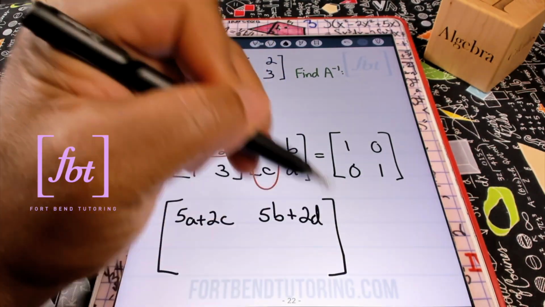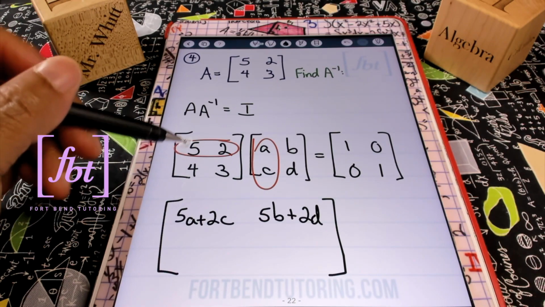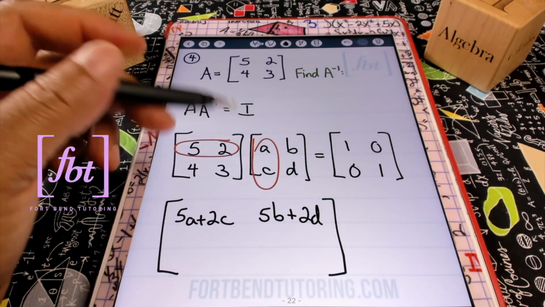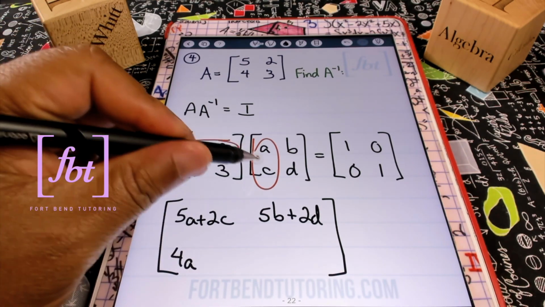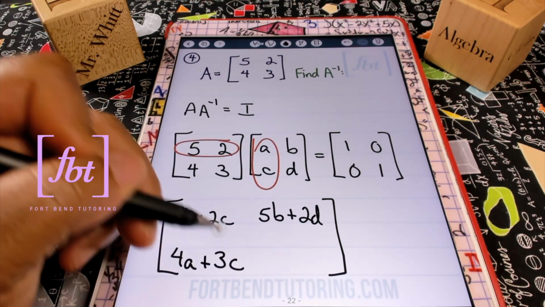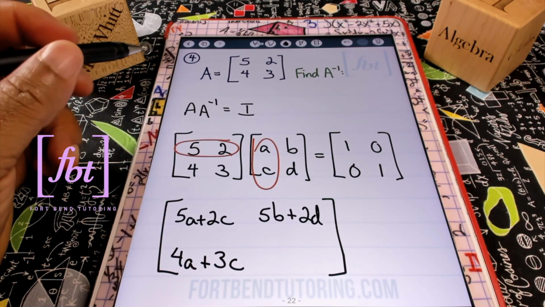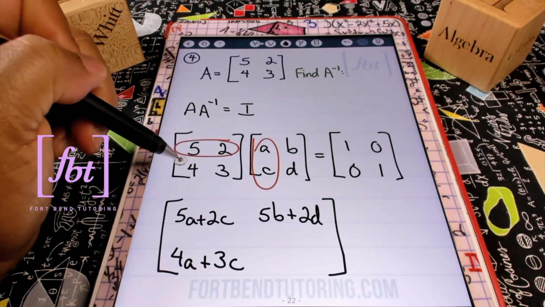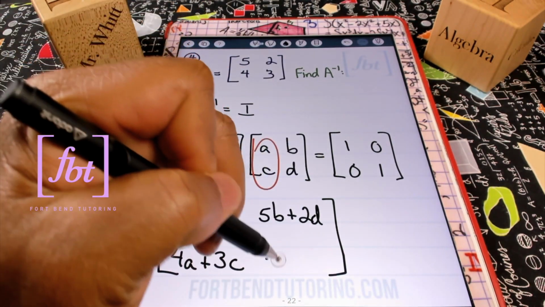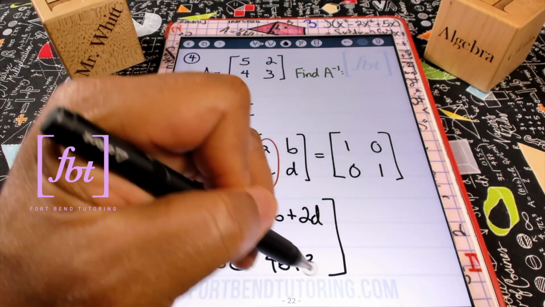You continue that same maneuver in the second row: across and then down. So you'll have 4 times A gives you 4A, and 3 times C gives you 3C. You can see more examples of multiplying matrices in our video called Multiplying Matrices. You'll have 4 times B in this last element, and then 3 times D to give you 3D.